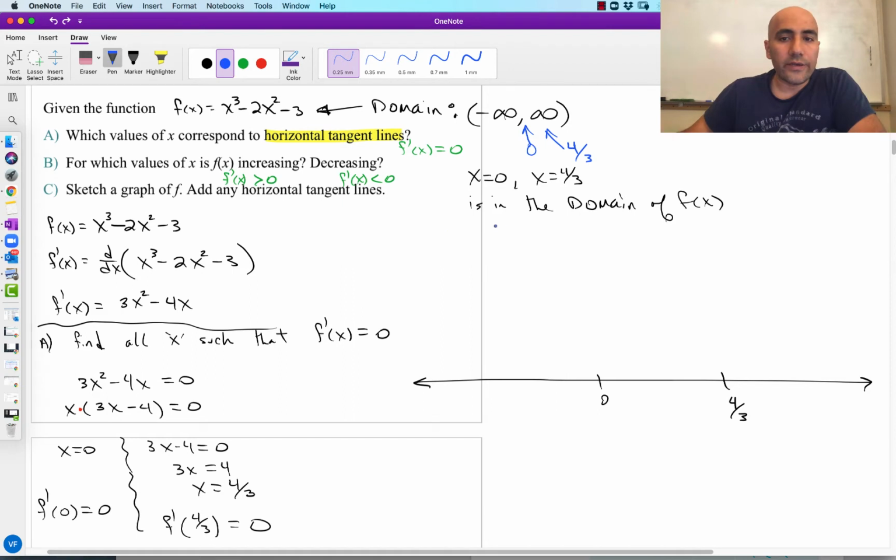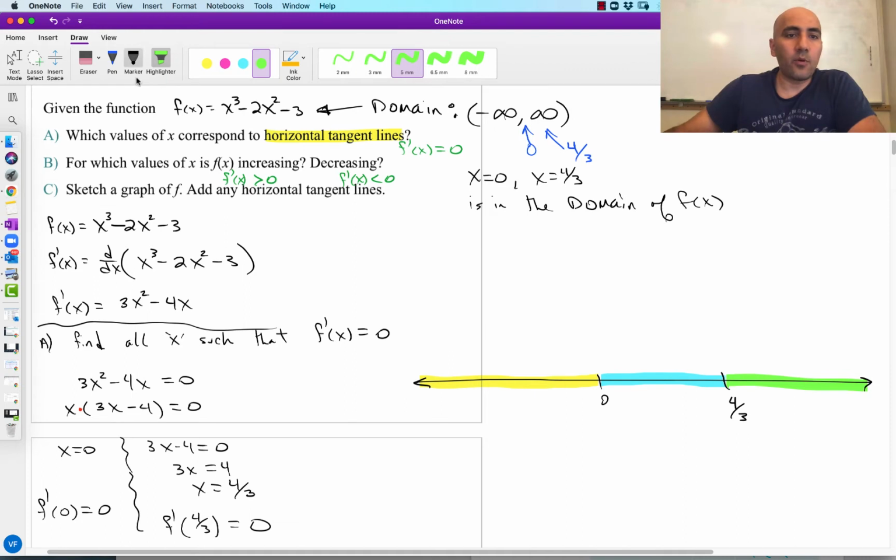But what I want to do is think about what the derivative is doing in these zones. I'm going to think about all the numbers in my domain from negative infinity up to 0, then all the numbers between 0 and 4/3, and finally all the numbers that are greater than 4/3.